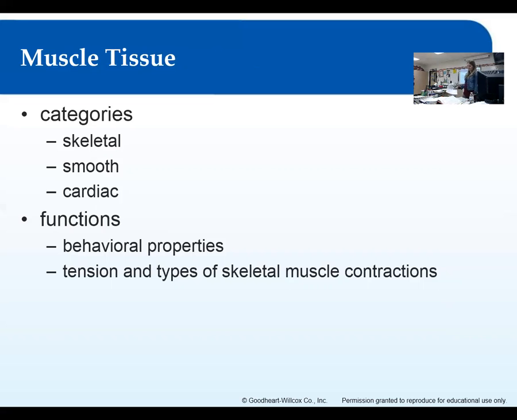But smooth is the other one that's involuntary. I would think the diaphragm would be skeletal, but it just happens to be involuntary. So those are your 3 types of tissue. When you look at skeletal muscle tissue under the microscope, which you're going to do next week to identify which one is which, what are some things you're looking for to identify skeletal muscle tissue?